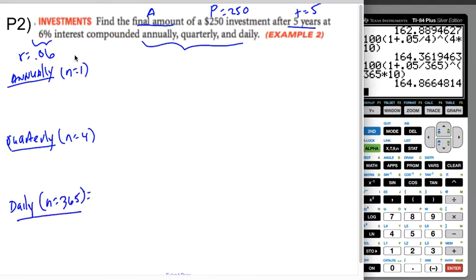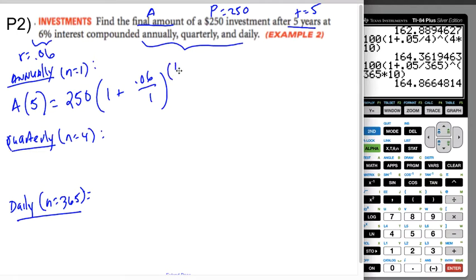So you're obviously typing these answers into your calculator, but you should be able to write for me what the setup is going to look like, right? So A of 5 is going to be the principal, 250, 1 plus the rate over 1 to the 1 times 5, right? And that's going to give me an approximate value. I'm going to do the same thing for this one, but I'm going to change those 1s to 4s.